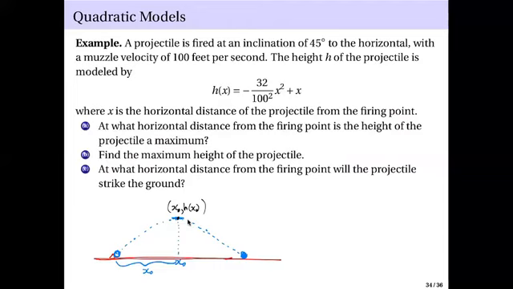But this is the vertex. And again, what is the x coordinate of the vertex? It's just your negative b over 2a. Correct?